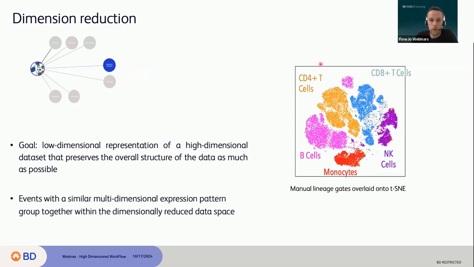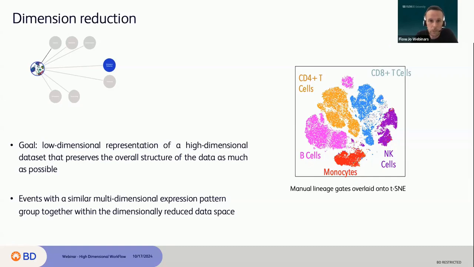So here I overlay manual gating, and really when we do dimensional reduction, we want cells that are really similar to each other to combine into a small island. So we can see that all the monocytes here group together and create this island. Same thing for the NK, same thing for the CD8, CD4, and the B cells.